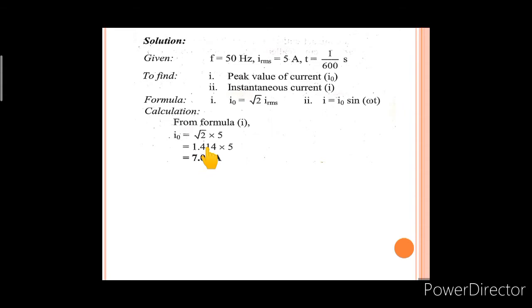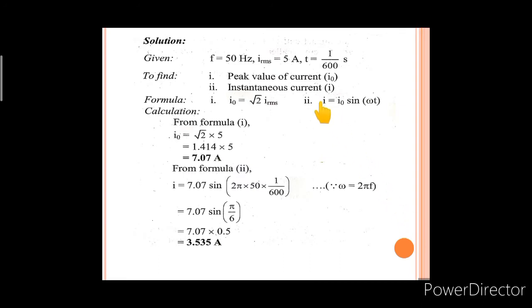Hence I0 is equal to 1.414 into 5, and the multiplication will give 7.07 ampere. So, the peak value of the current I0 we are getting as 7.07 ampere.